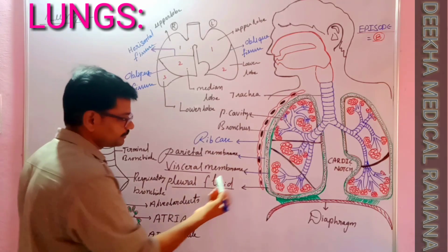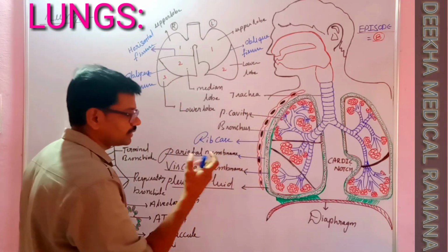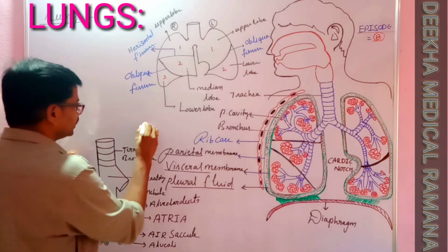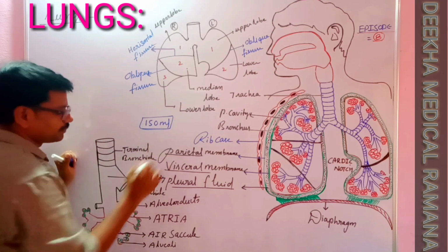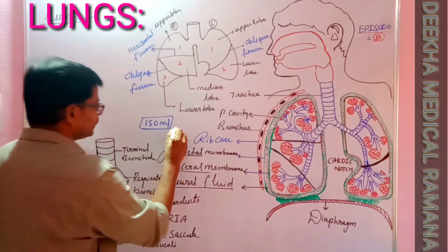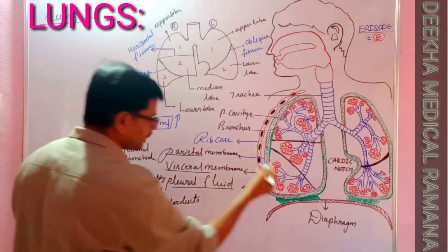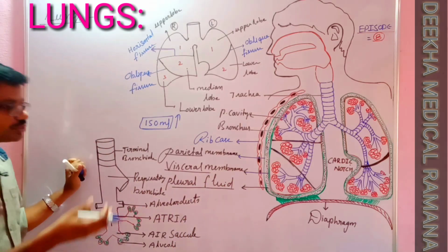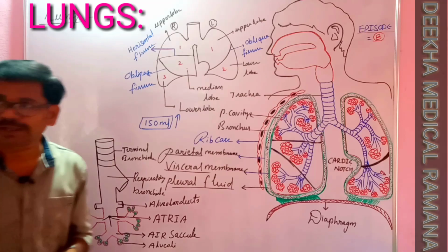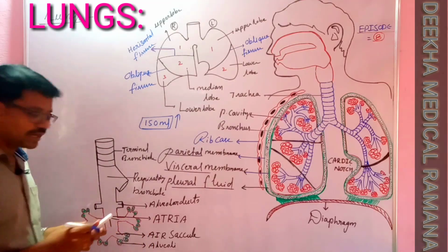Sometimes this pleural fluid may increase in amount. Basically, in adult human beings, about 150 ml of pleural fluid is present. Sometimes, due to bacterial infection, the pleural fluid increases. It leads to difficulty in breathing, which we call dyspnea.